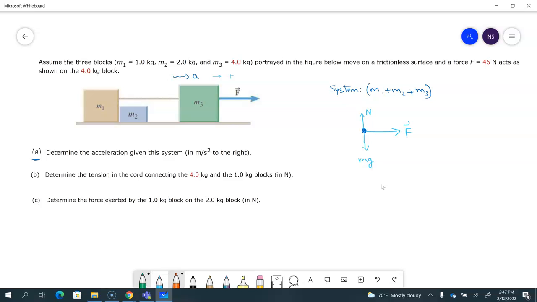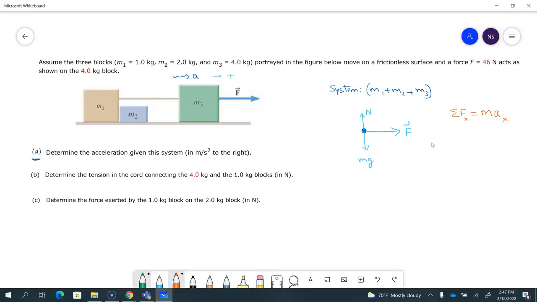I have to say total force is mass times acceleration. So I say sigma F is mass times acceleration. And since I'm looking at the motion along the x-axis here, I just have to look at the total force in the x direction, which is all coming from just this one force F. That's the only force in that direction.